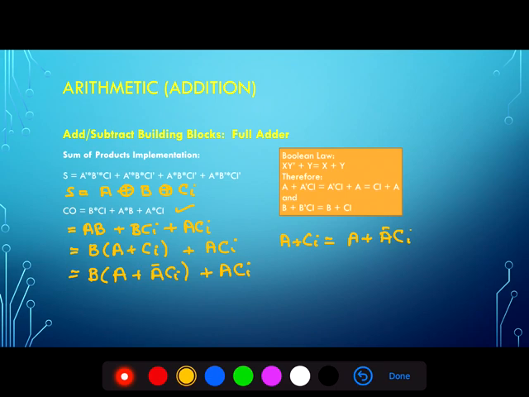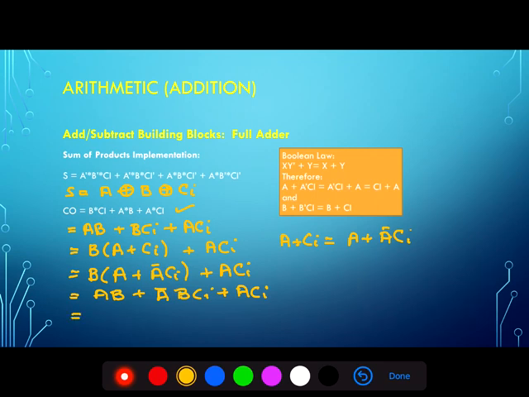And as we continue, we can now distribute this out again as AB or A not BCi or ACi.